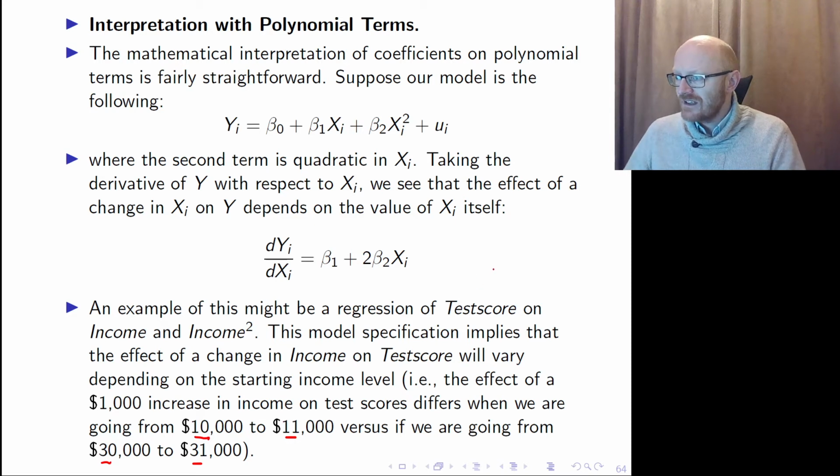You might hypothesize that the relationship is upwards sloping but concave, right? So an increase of $1,000 is more important for the test scores of a poor family than it is for a rich family, right?